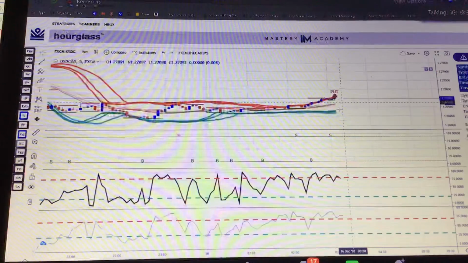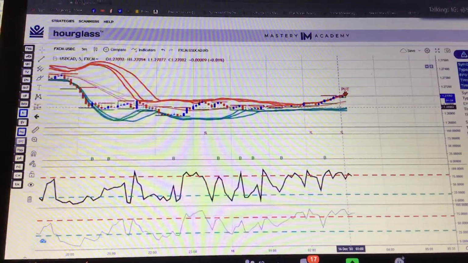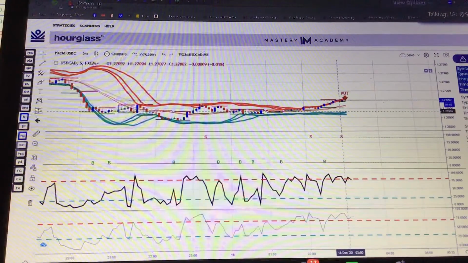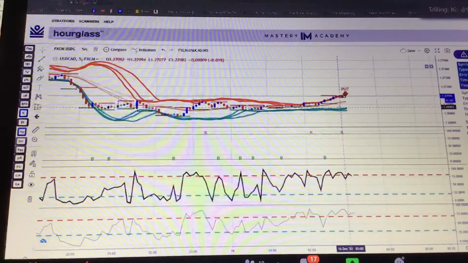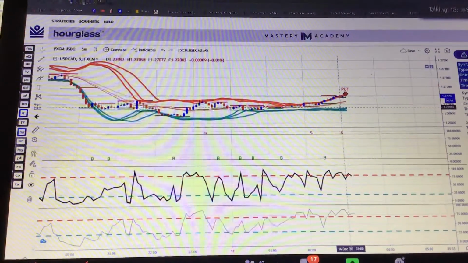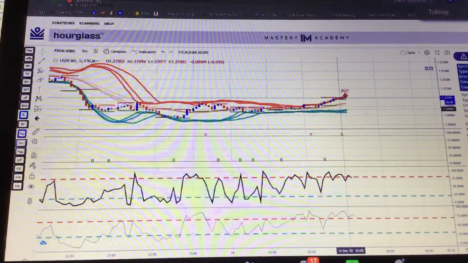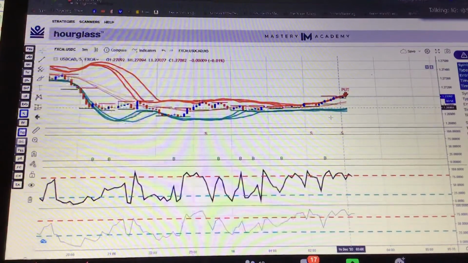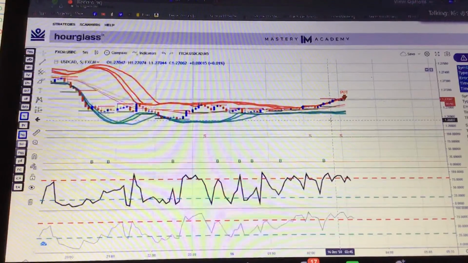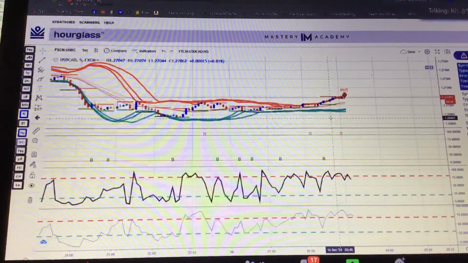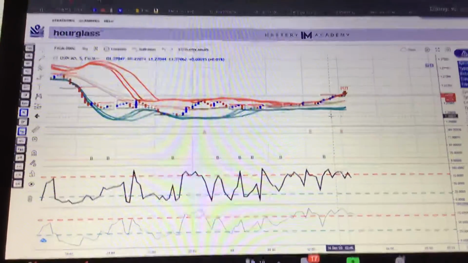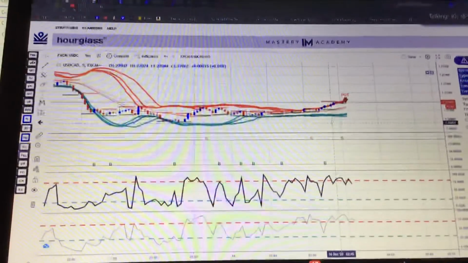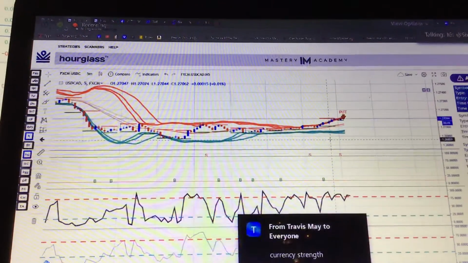Now, one thing that you don't see on the chart, can anyone guess what you don't see on the chart? Anybody? Put it in the chat. What don't you see on this chart? It's the first thing that I scan for whenever I'm looking at a chart, to know the overall trend.